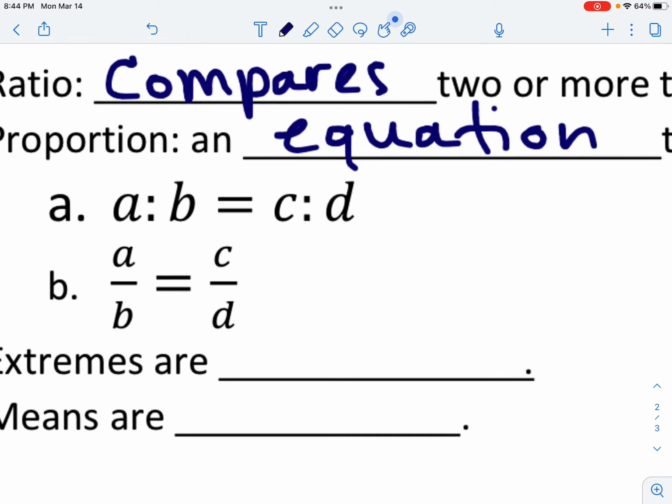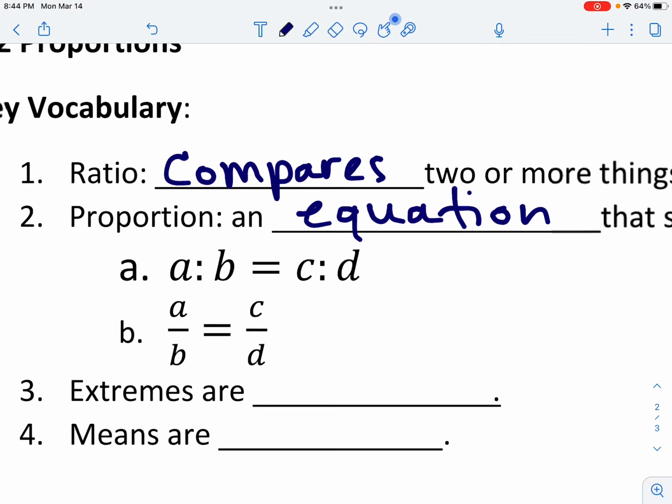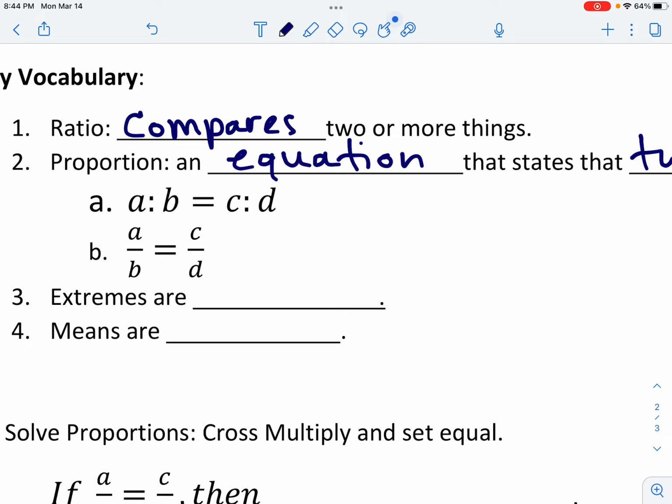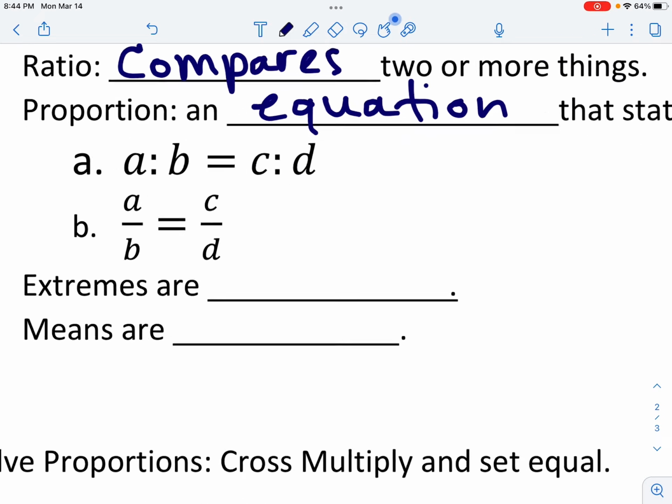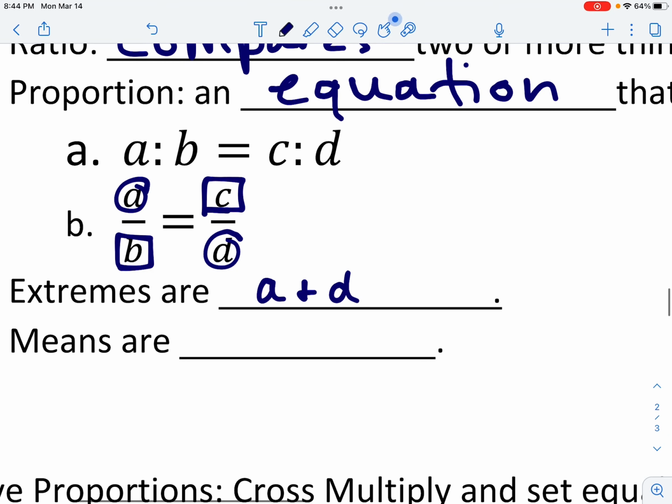So we have two ratios, A to B equals C to D, or A over B equals C over D. We're taking our ratios and setting them equal. A and D are your extremes, and B and C are your means.